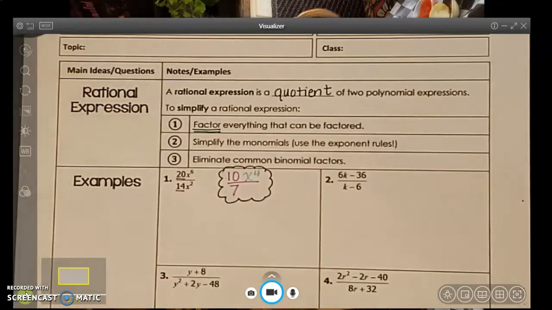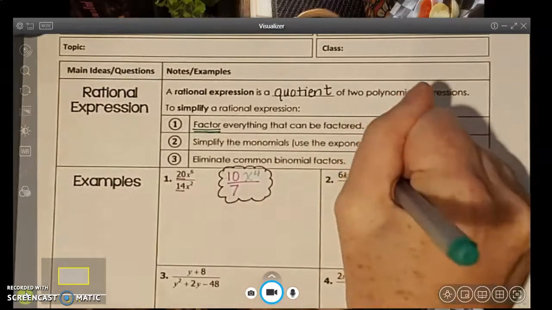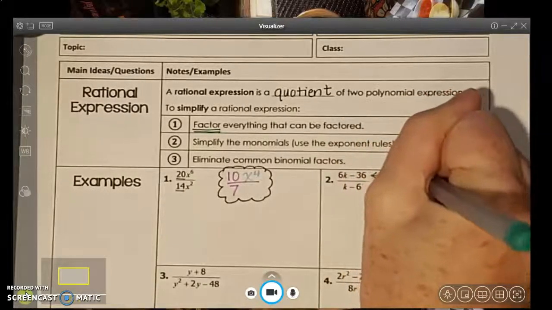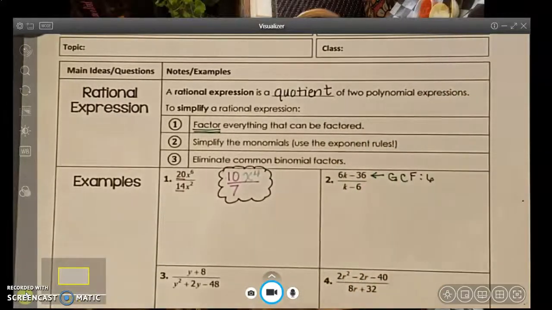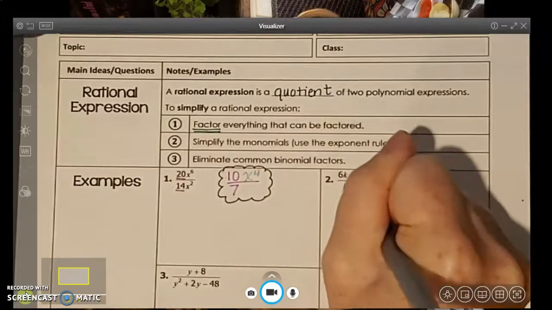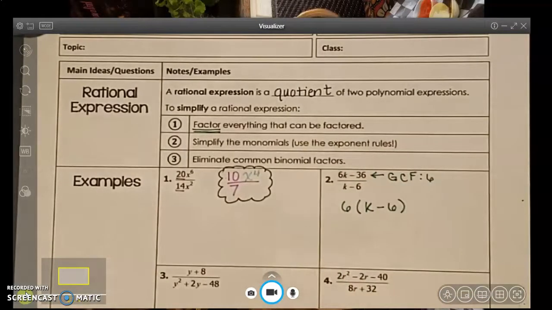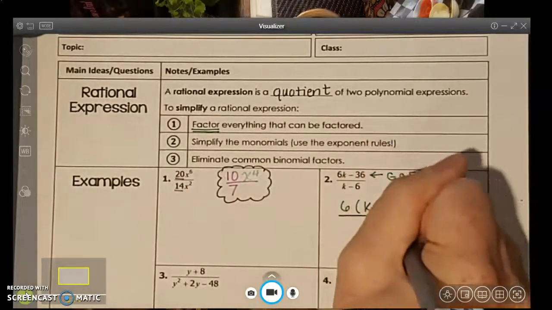In this case, we can factor out a GCF from the top, which is going to be 6. If we factor out 6 from the numerator, we're left with k minus 6. And there's nothing to factor in the denominator, so we'll just leave the denominator as k minus 6.